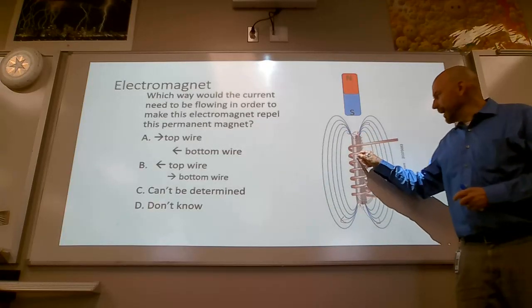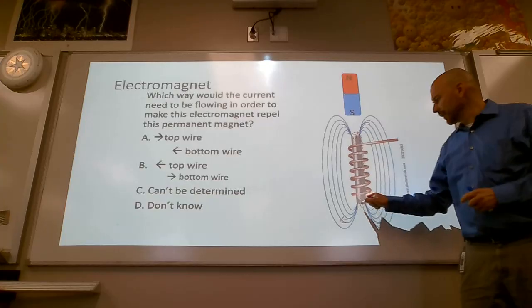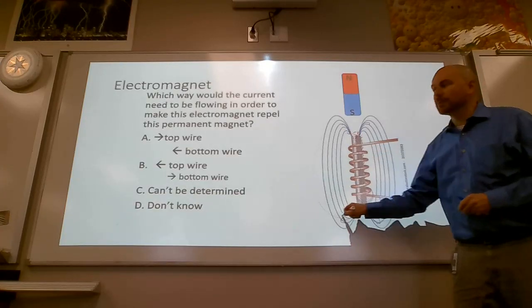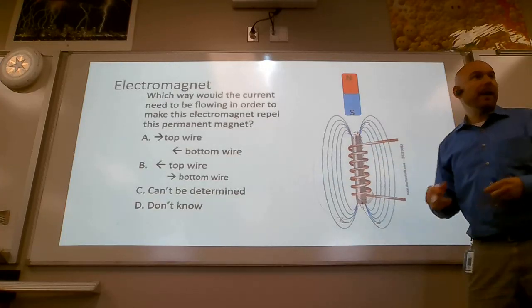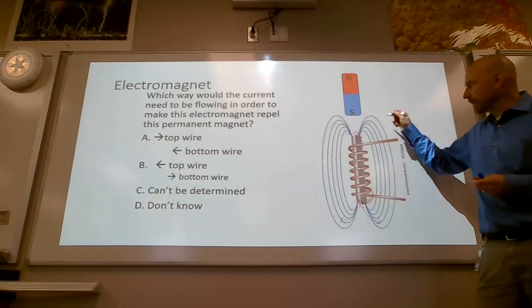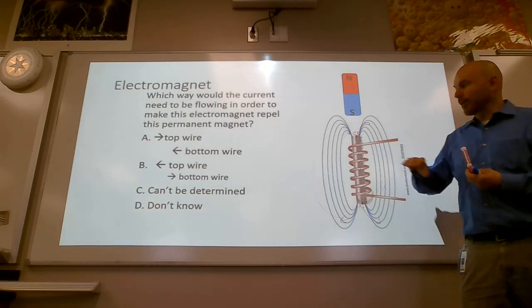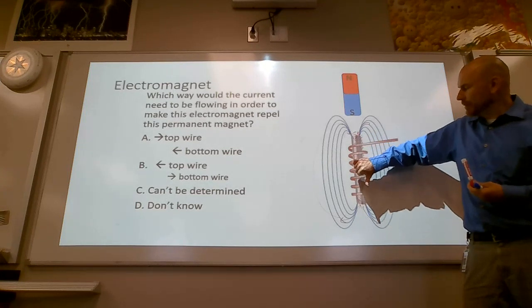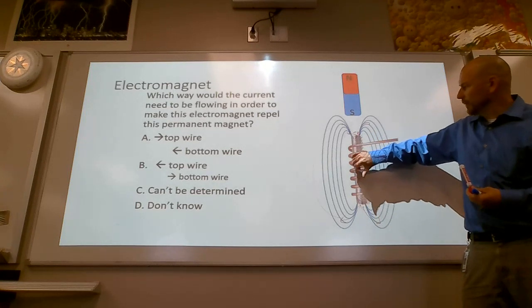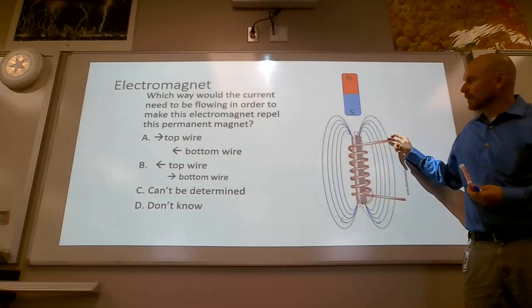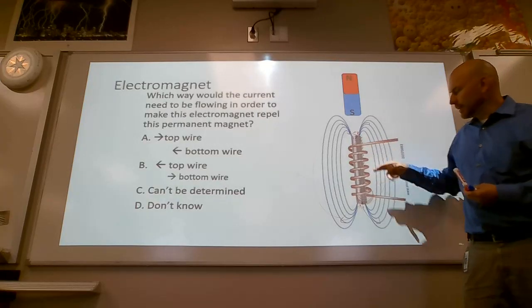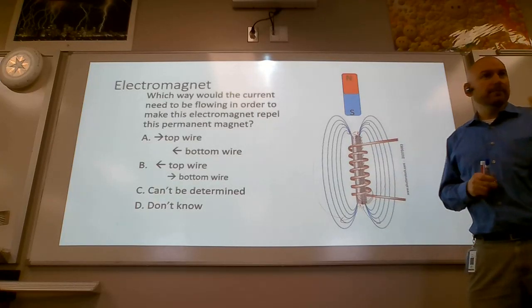On the inside of the magnet, it goes from south to north because it does full loops. Your thumb points in the direction of the north pole of the magnet, so it's going in this way, out that way. Good? Okay.